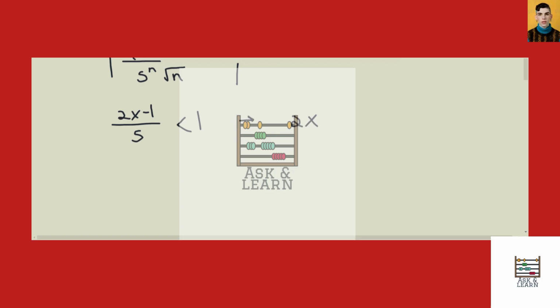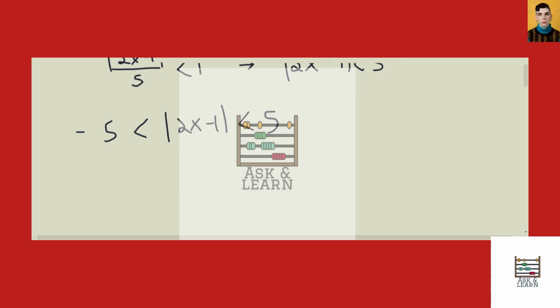You get 2x minus 1 is less than 5, and it should be an absolute value, I forgot to include that. Since it's an absolute value, you would also have a negative 5 that it's greater than, because the quantity could be negative or positive, and then we have a less than a positive 5.